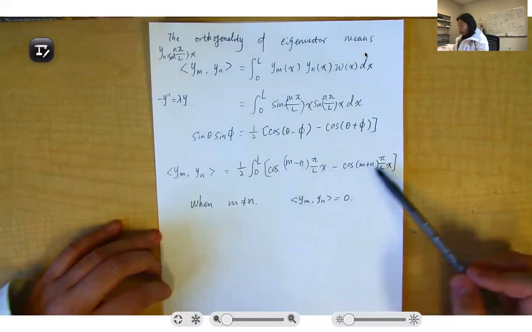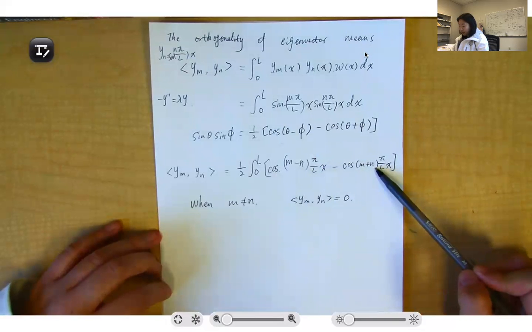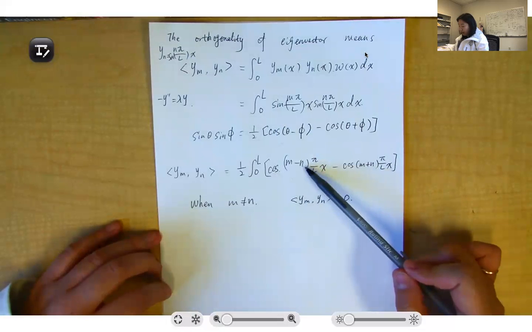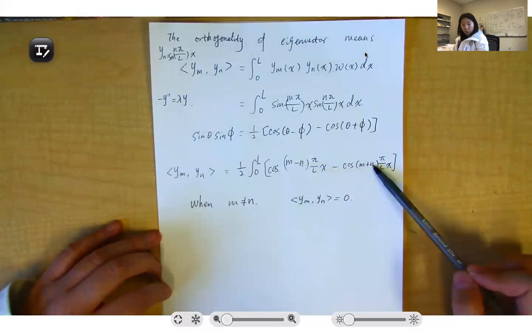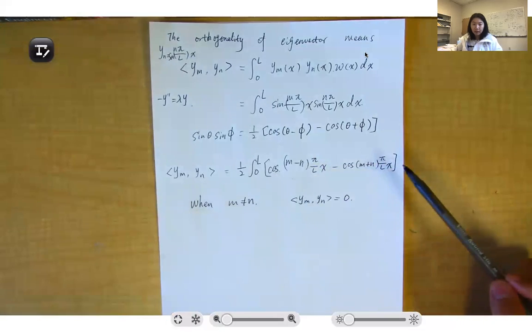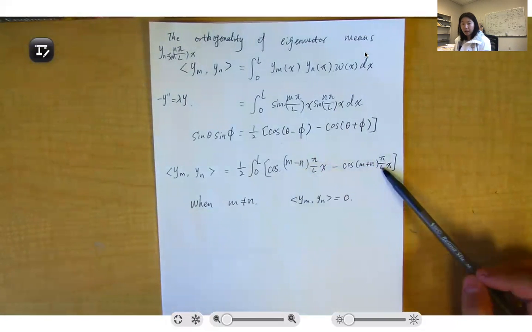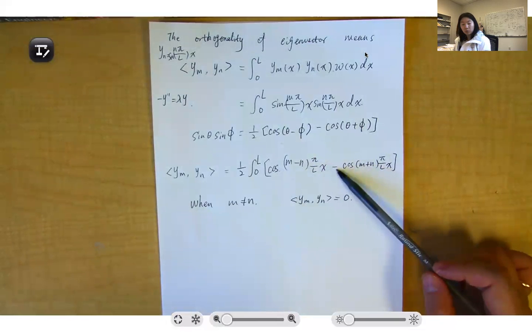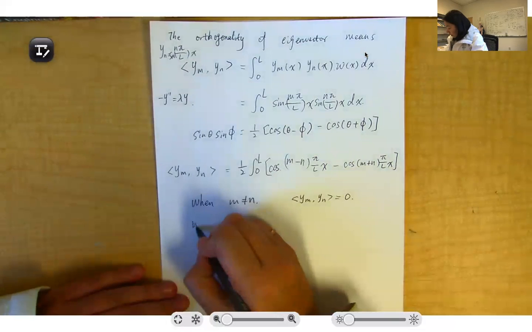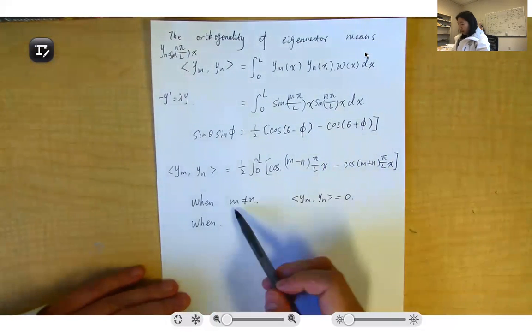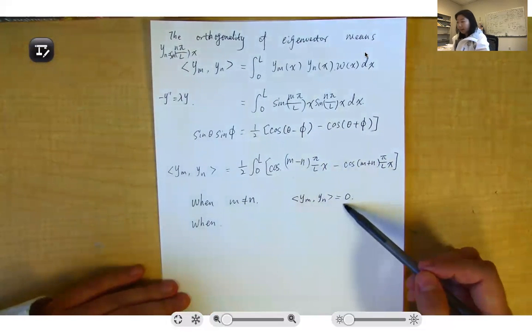These two cosine functions differ in frequency only by 2n. When you integrate, basically this value will be equal to that value, and when they are subtracted from each other, the result is 0. Simply, you can also try different m and n to validate this result.